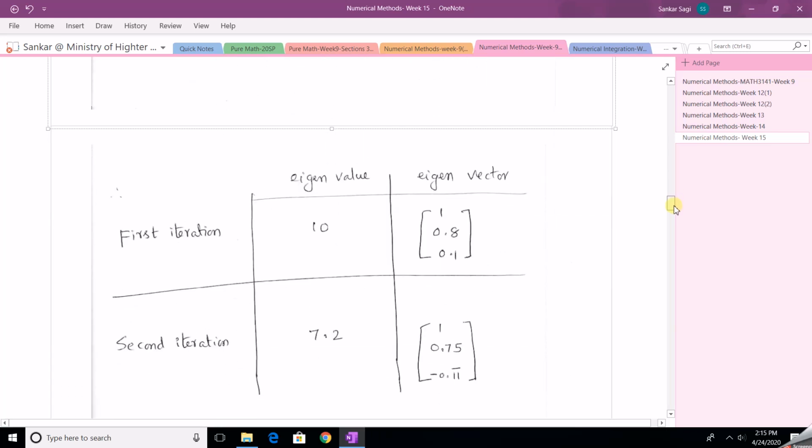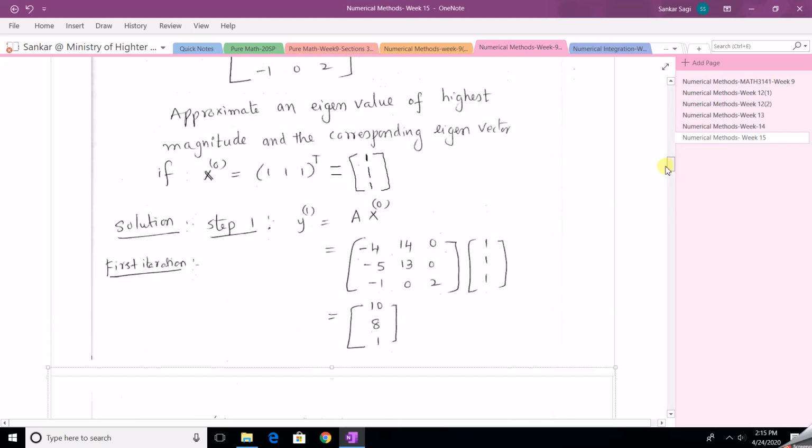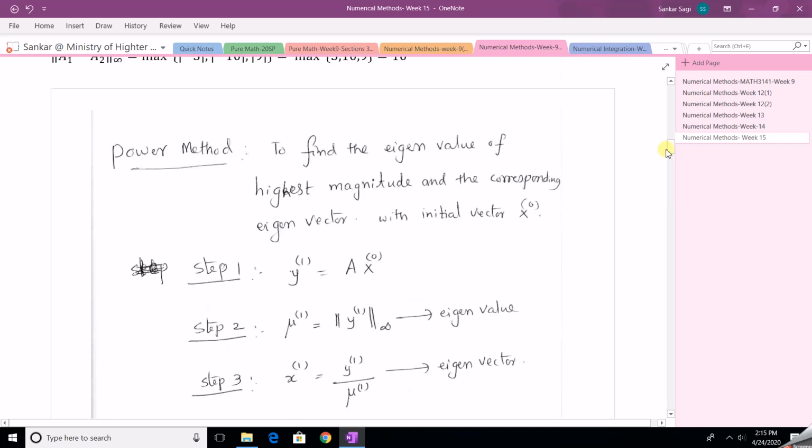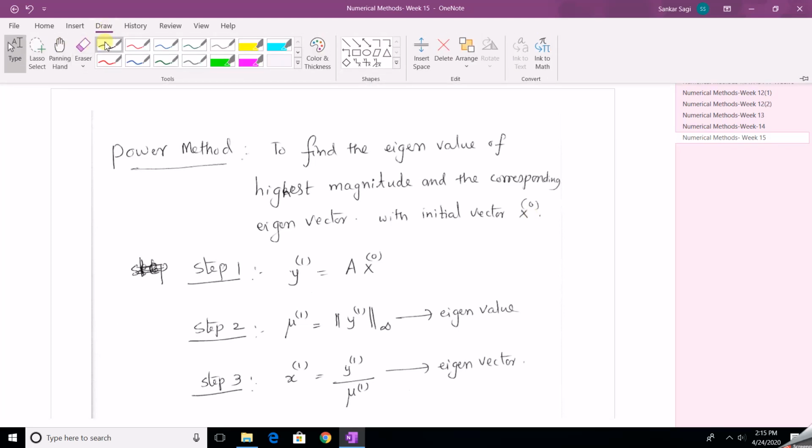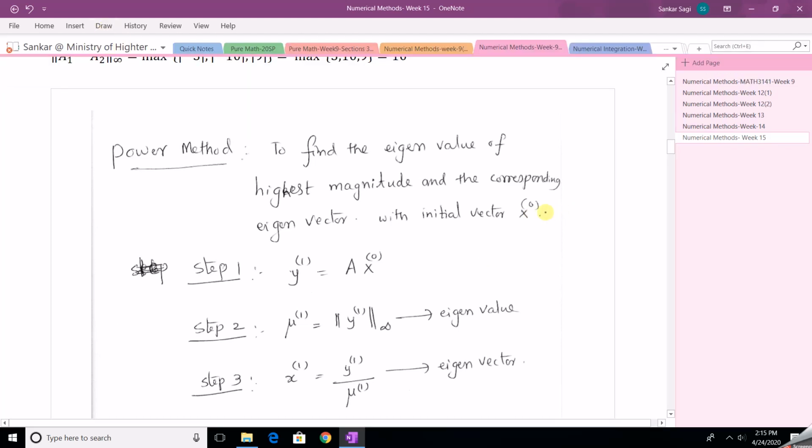So we can write here. We started with the initial vector given in the problem, x0, which is 0, 0, 0.